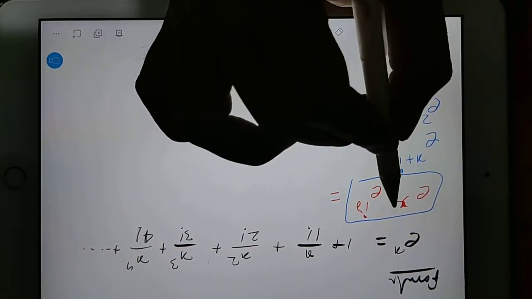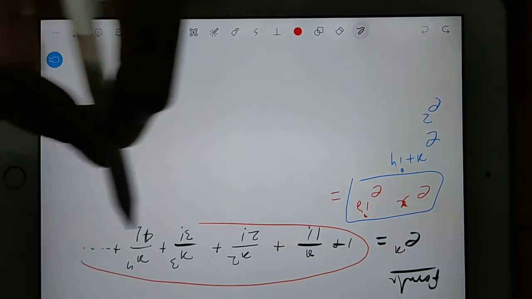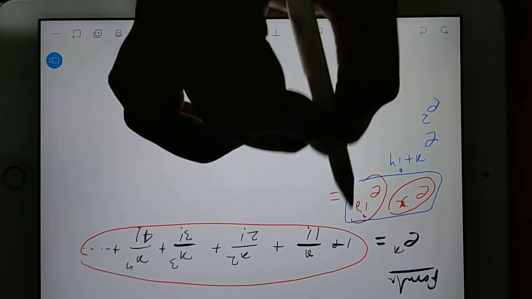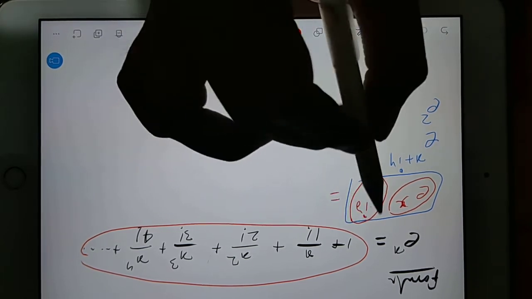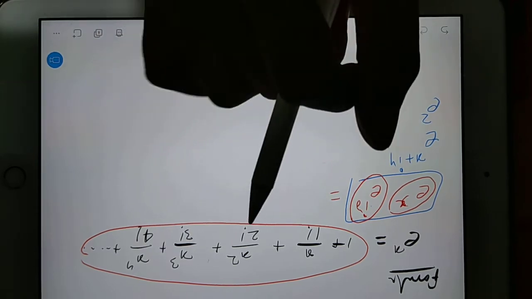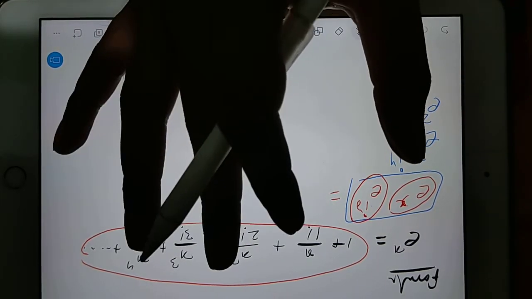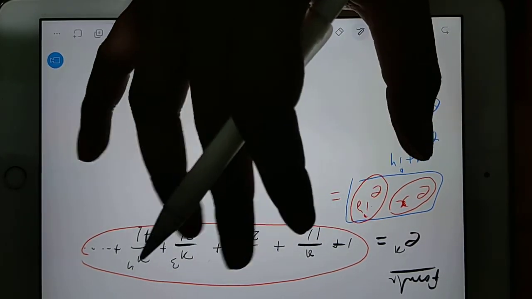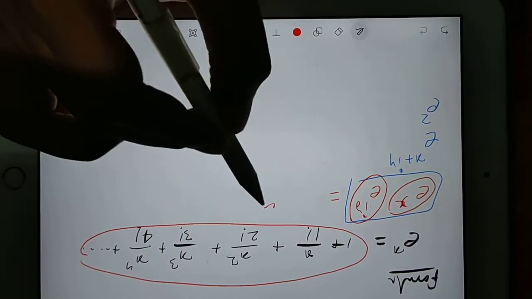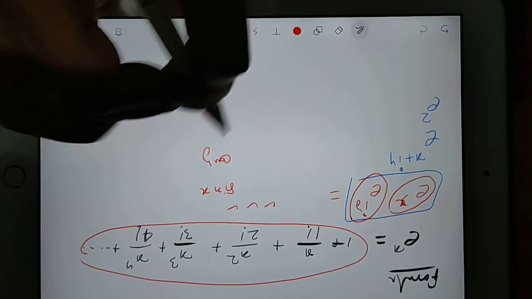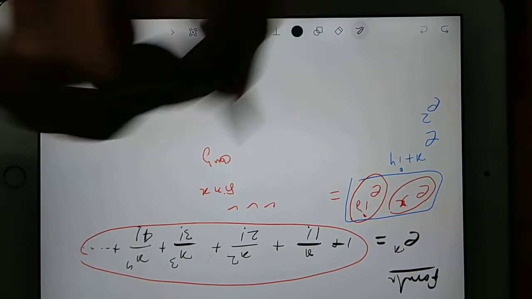So this value, you can see, one expansion like this I will be getting for e power x, and similar expansion I will be getting for e power iy. But powers, they will be in two different brackets. I hope it's clear. So what I'm trying to figure out here, we have certain expansions for sin x, we have certain expansions for cos x.